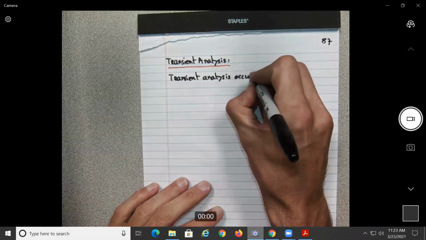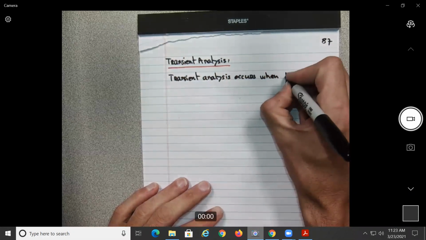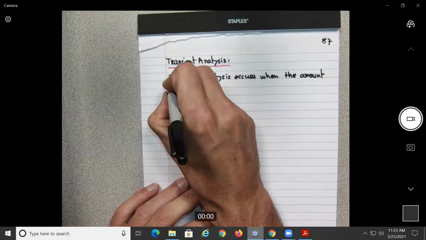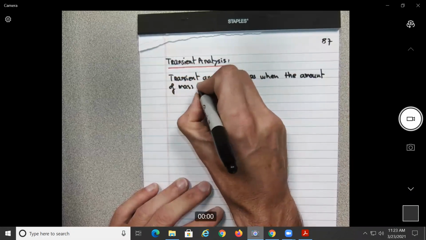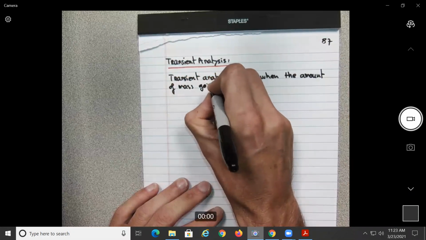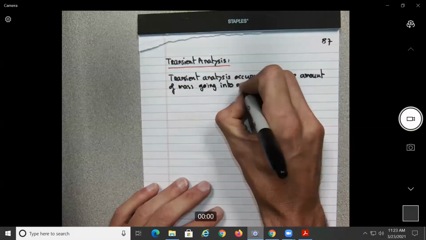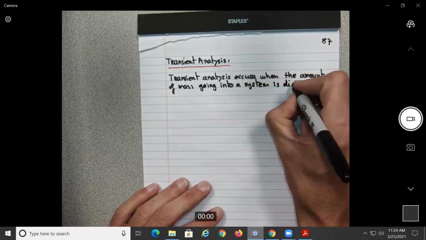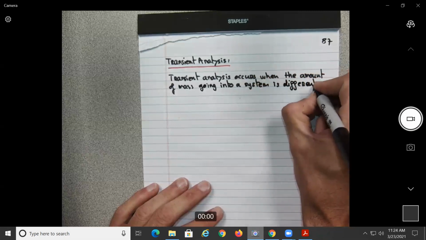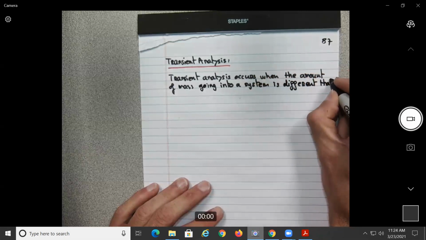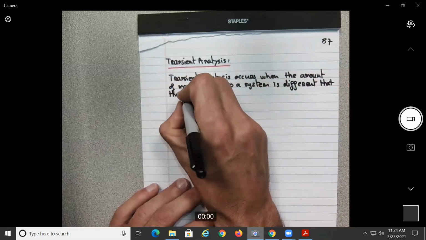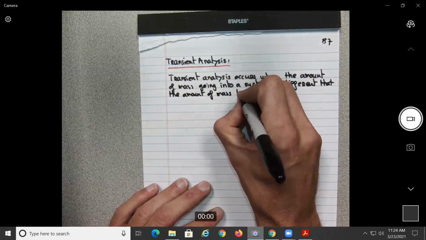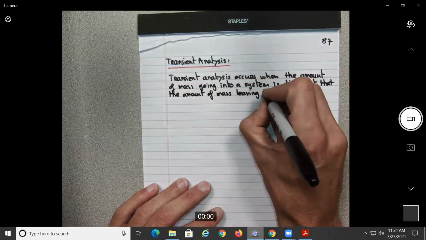Transient analysis occurs when the amount of mass going into a system is different than the amount of mass leaving the system.